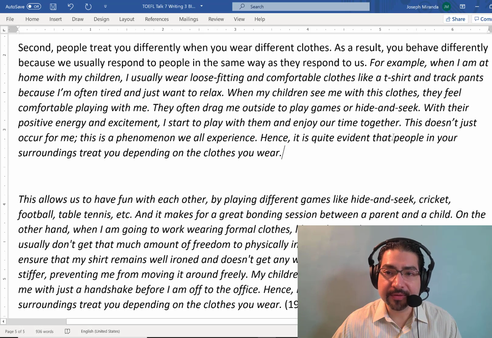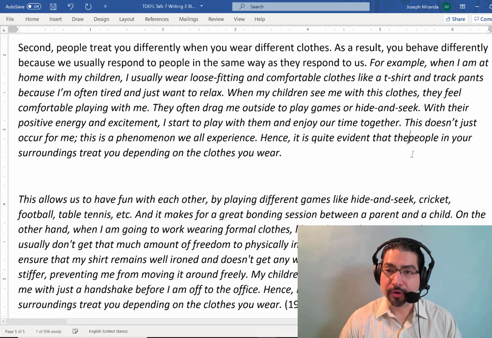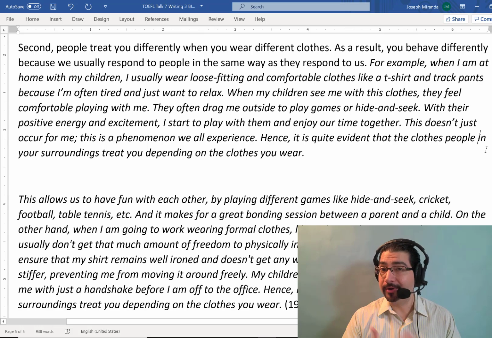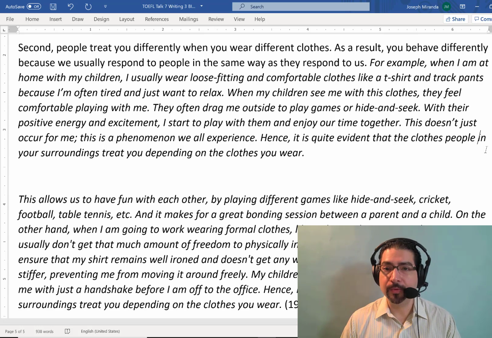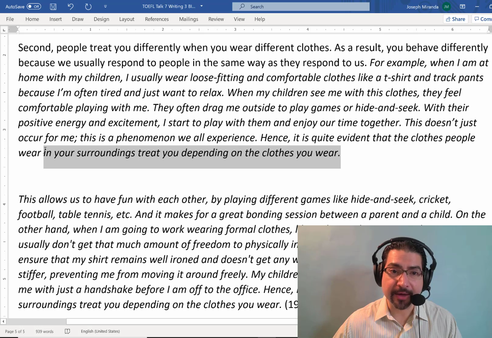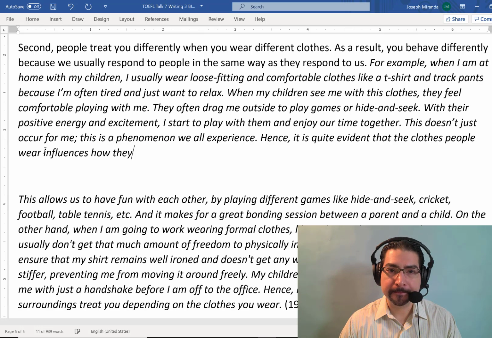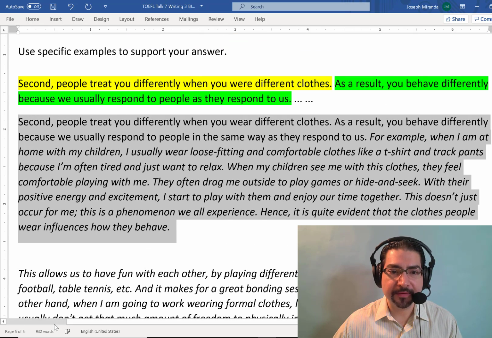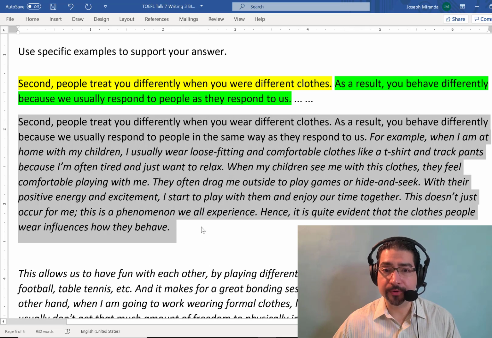So hence, it is quite evident that the clothes that people wear, and I eliminate that because remember we can, that's a reduced adjective clause, right? And so again, if we have a little trouble with grammar, I'll talk about how to partner with us so we can train you on grammar and on every section of your TOEFL. So hence it is quite evident that the clothes people wear influences how they behave, right?